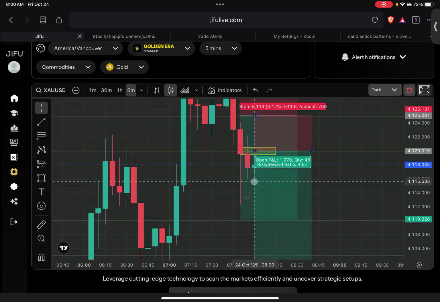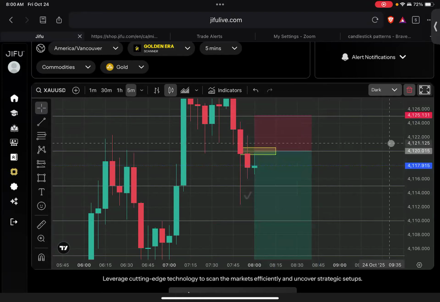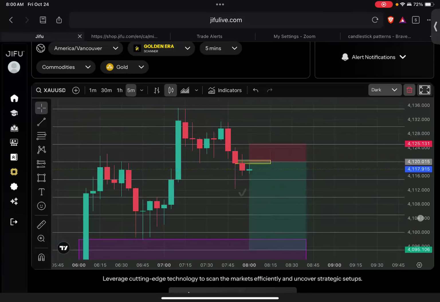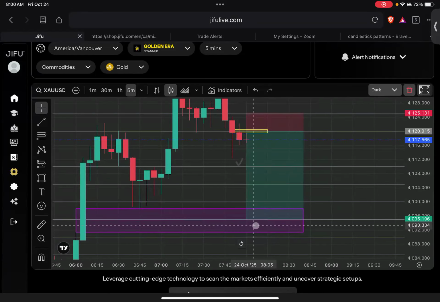That was very quick that we just pushed into that zone. I did not catch that. That was a little too quick for me, but we're gonna look to swing this to 4,095. And it is now back in our entry zone. Just below actually.